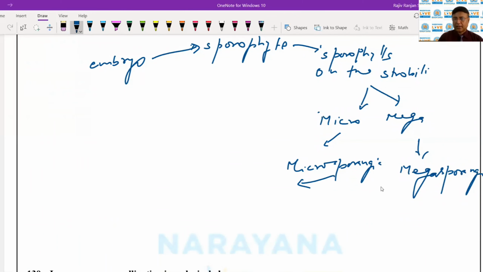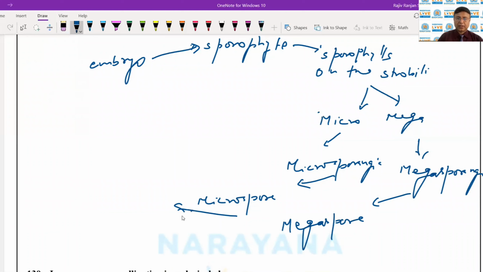Microsporangia produce the microspore. Megasporangia produces the megaspore. Microspores produce the male gametophyte, and megaspore produces the female gametophyte.